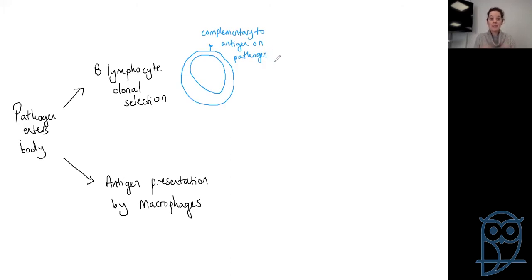So that is how we select those B lymphocytes that are traveling around, that are complementary to this antigen. They are going to be stimulated for clonal selection. When they are stimulated for clonal selection, now we get, we'll call it for short, B cell clonal expansion.